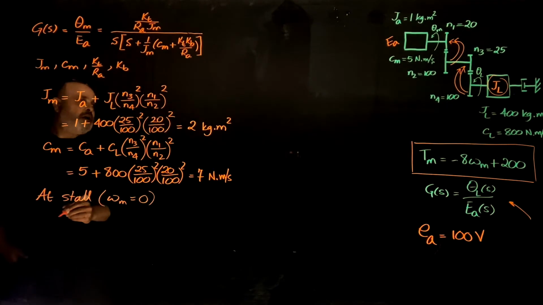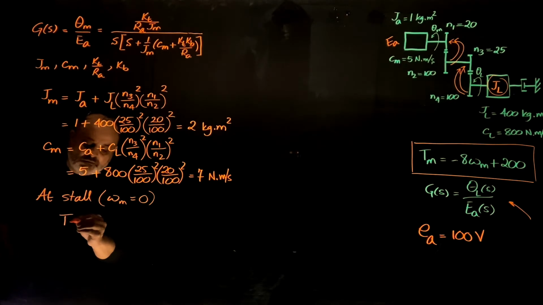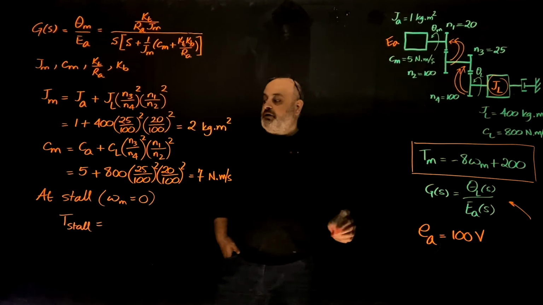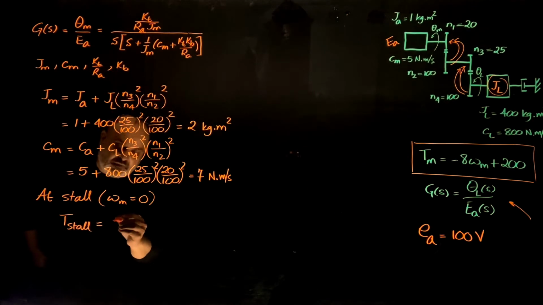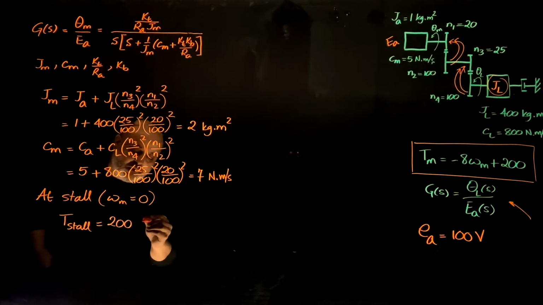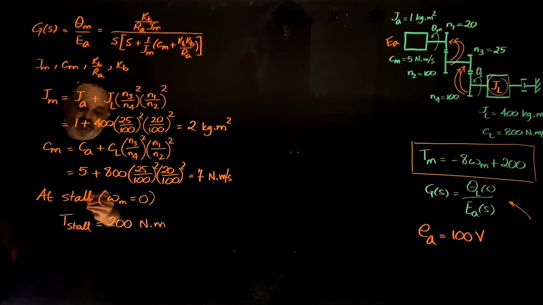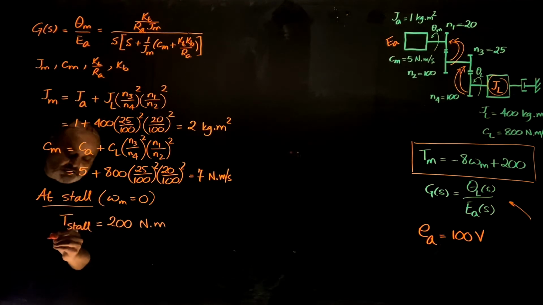That's where the stall happens, which means that T stall, substituting omega equals 0 in here, you will get 200 Newton meters, and that's at stall.